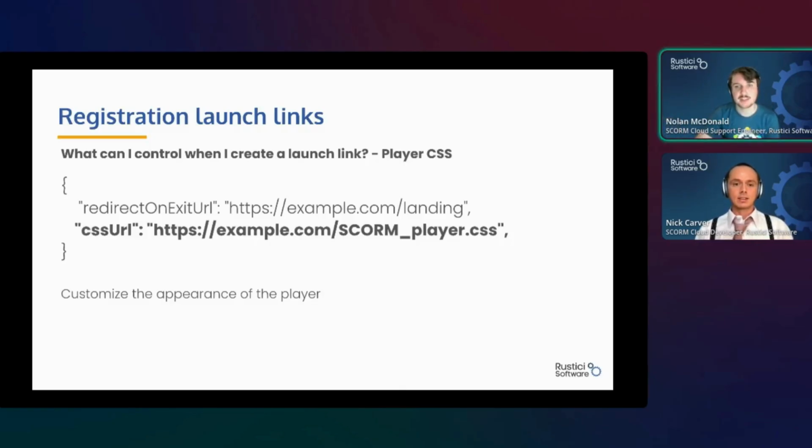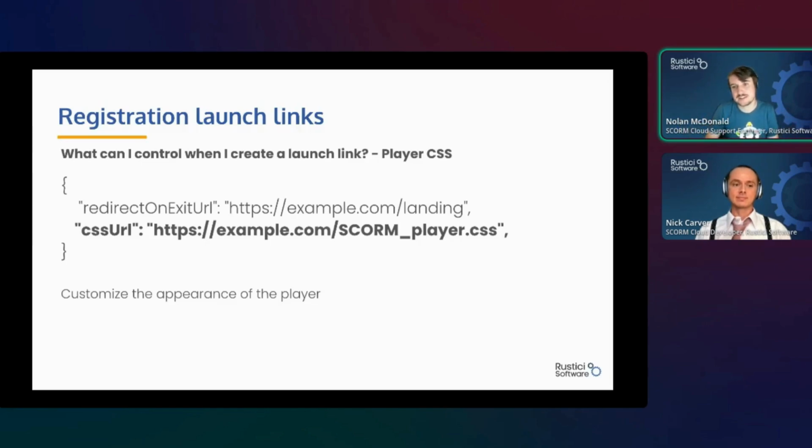Another thing you can pass in on the launch link is custom CSS. If you're embedding content, most of the time the player is not going to have any UI elements. We want to be as seamless as possible. We don't want your learners coming to our support line. We want it to look like it's just built in natively to your platform.